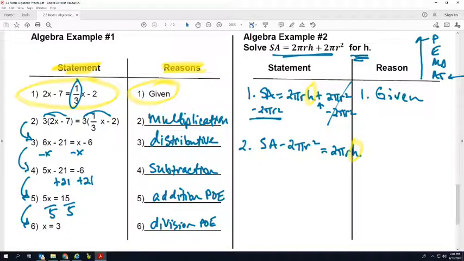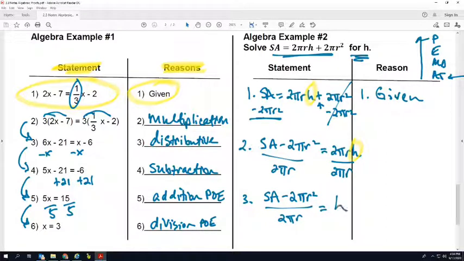Right now, what's happening to that h is that it's being multiplied by 2 pi r. And the way we undo that multiplication is we divide by it. So our result will be SA minus 2 pi r squared over 2 pi r equals h.